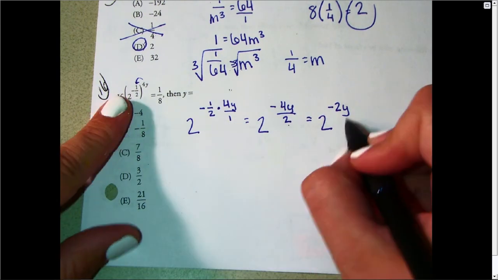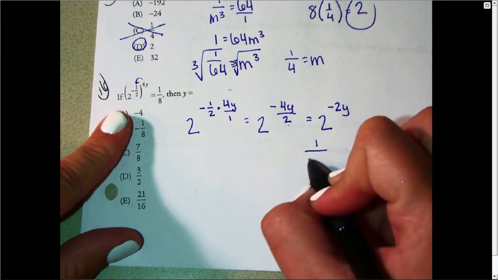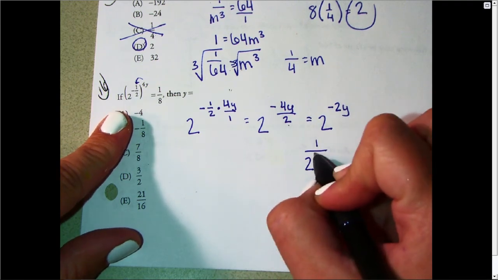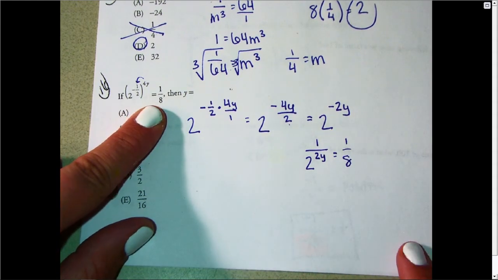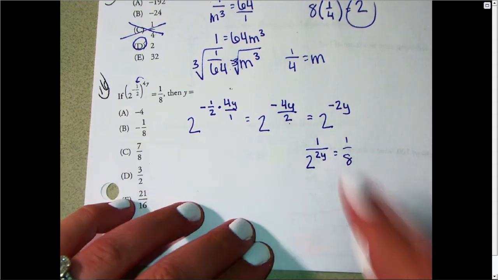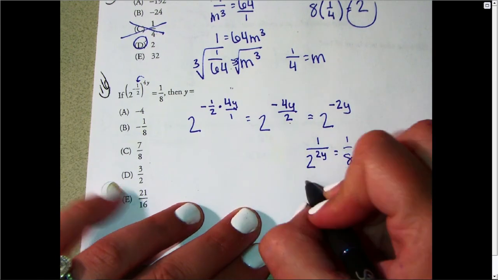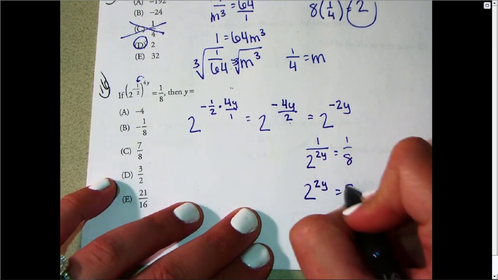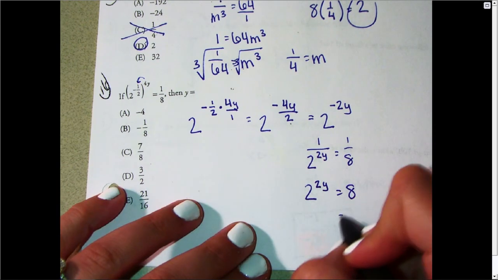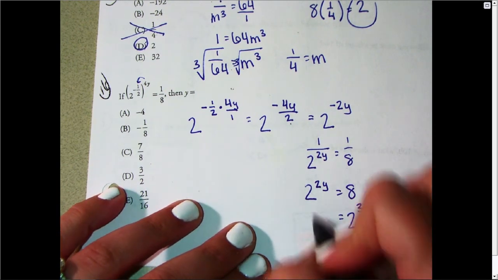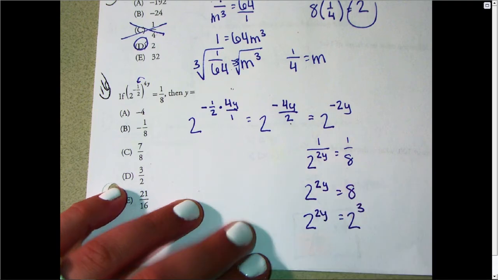Now I'm going to simplify even more because I don't want negative exponents. So I'm going to get 1 over 2 to the 2y. And now I'm going to bring down the 1/8. Cross multiplying, I will get 2 to the 2y equals 8. Well, we should know that 8 can also be written as 2 to the 3rd. 2 to the 3rd is 8.